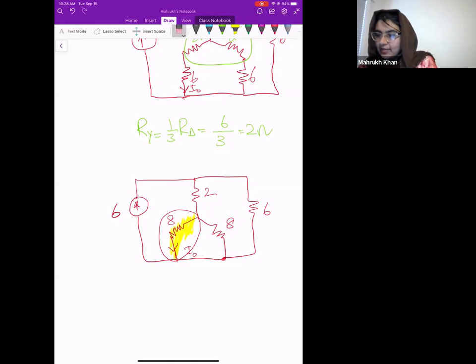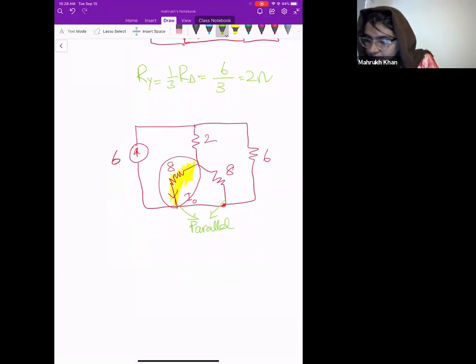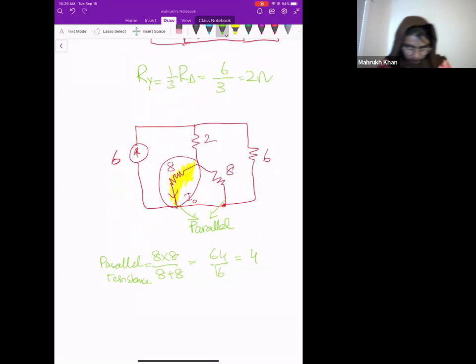So how can we simplify it? We know that these two branches are in parallel, right? So they will give us four ohms, right?